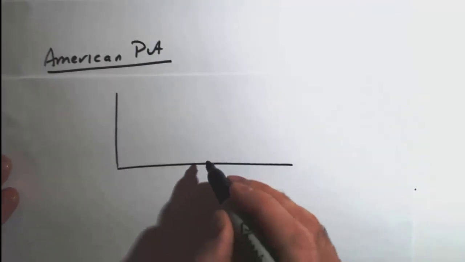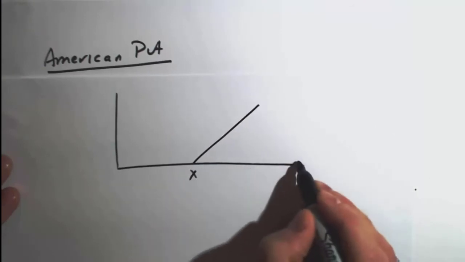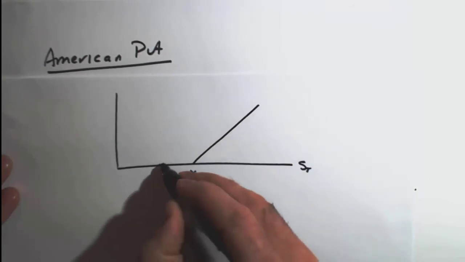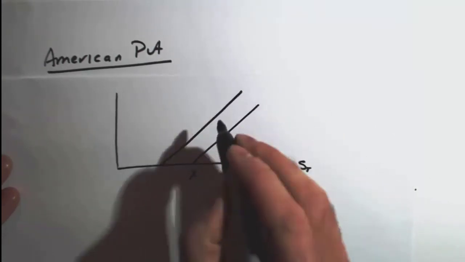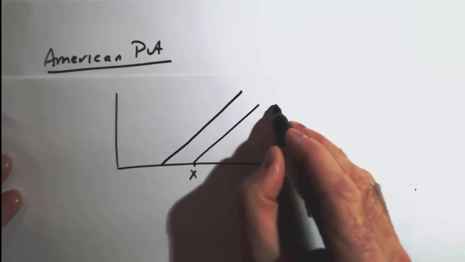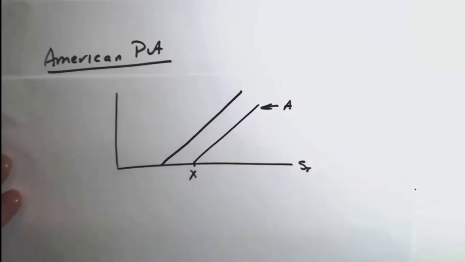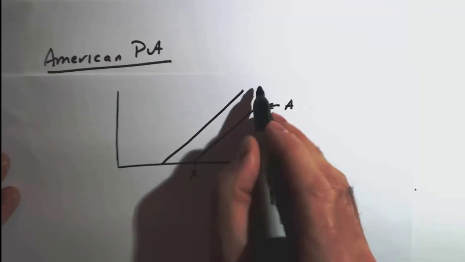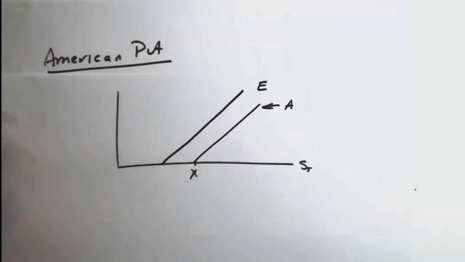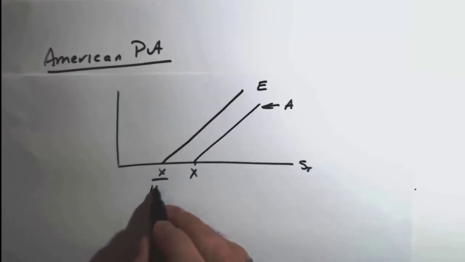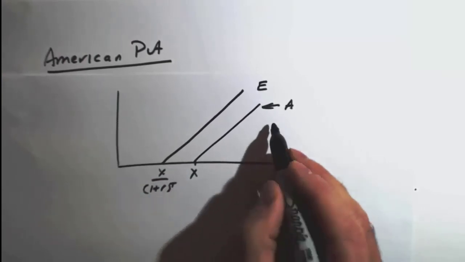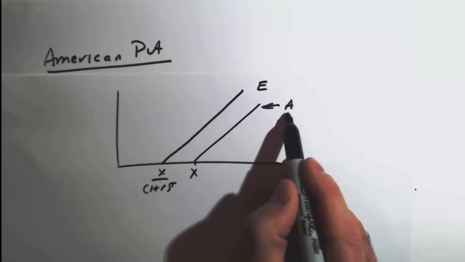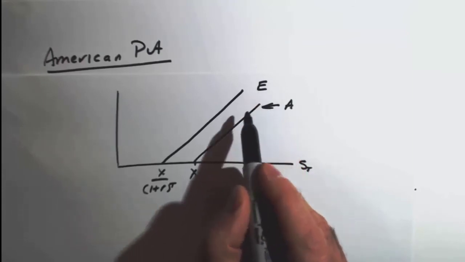Well, because we showed in the previous chapter, remember we had a discussion where we had the lower bound for a European and an American, and we said this was the American lower bound, and this was the European lower bound, which was the present value of the strike. We said that an American can do everything that a European option can do.